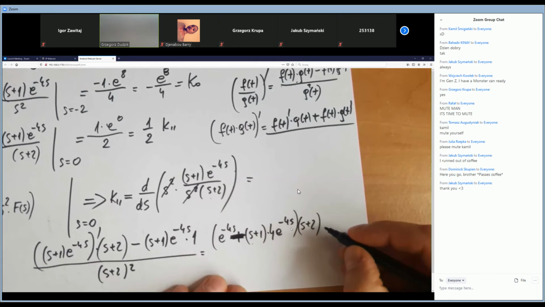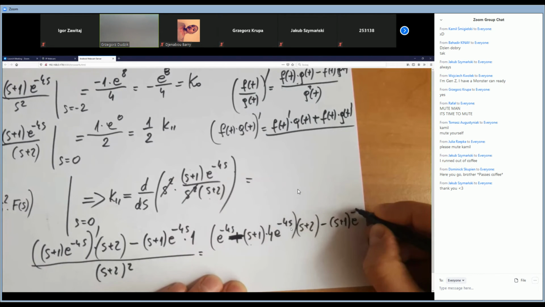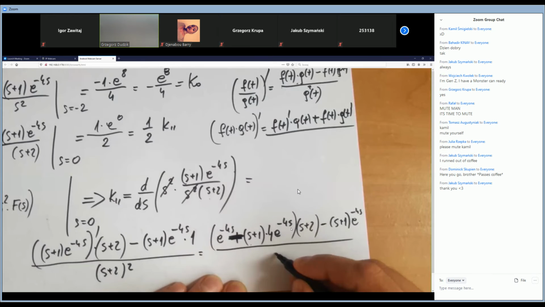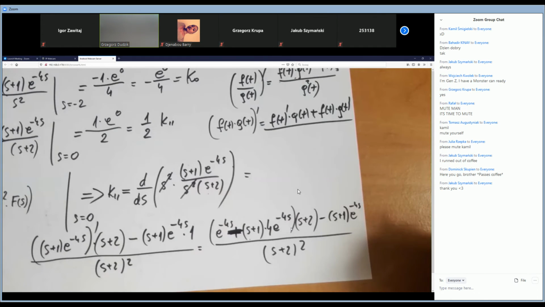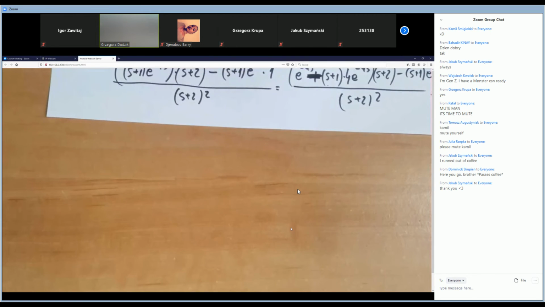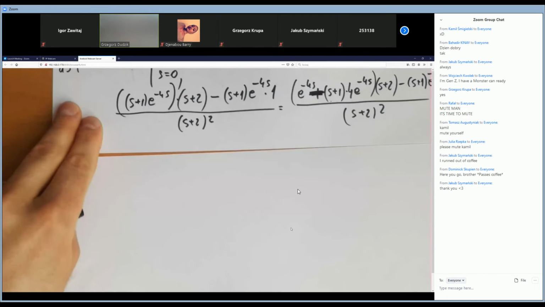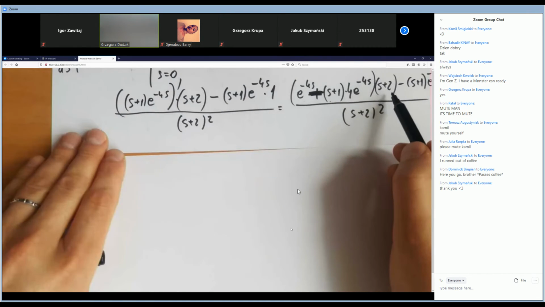But in general, of course, Grzegorz, you were right. Minus s plus 1 e to the power of minus 4s over s plus 2 squared. So this is equal, and we have to multiply everything by s plus 2.